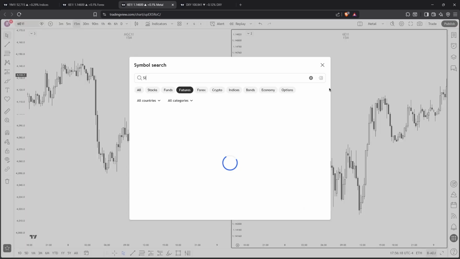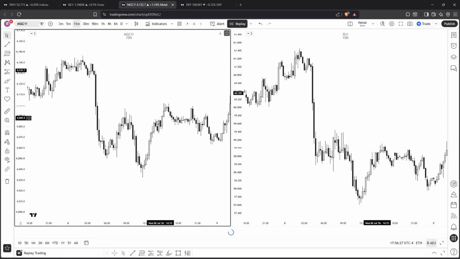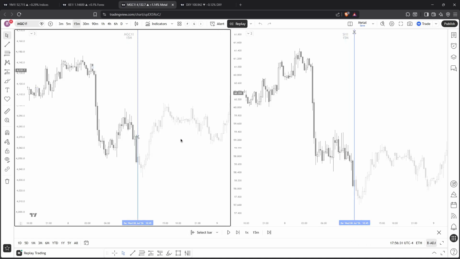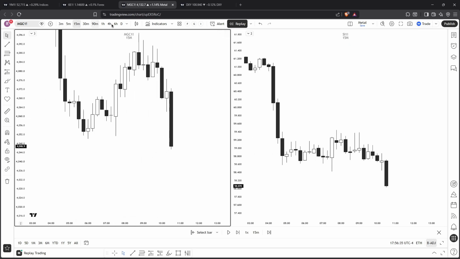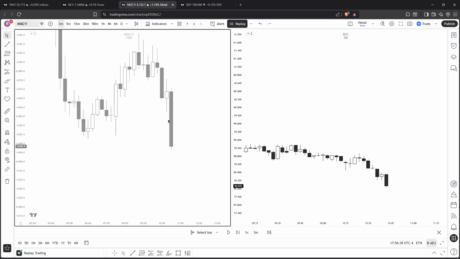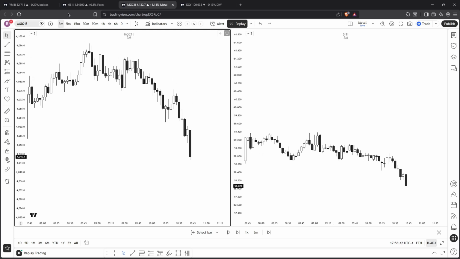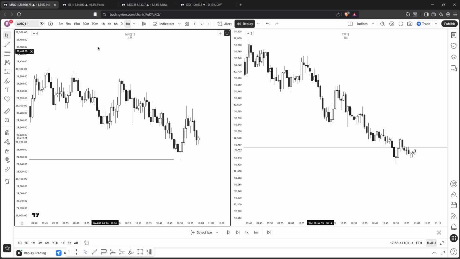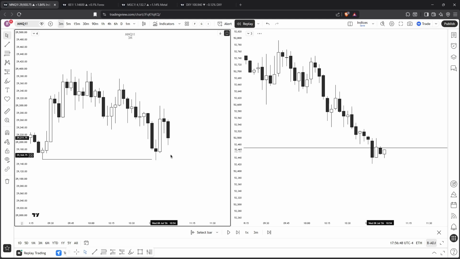So I was looking at silver and gold at the time, and it was around here, 10:30. As you can see, gold and silver were dropping really, really fast. If I look at the 3-minute time frame, you can see a massive dump to the downside. The only asset that wasn't following this massive dump was NQ.